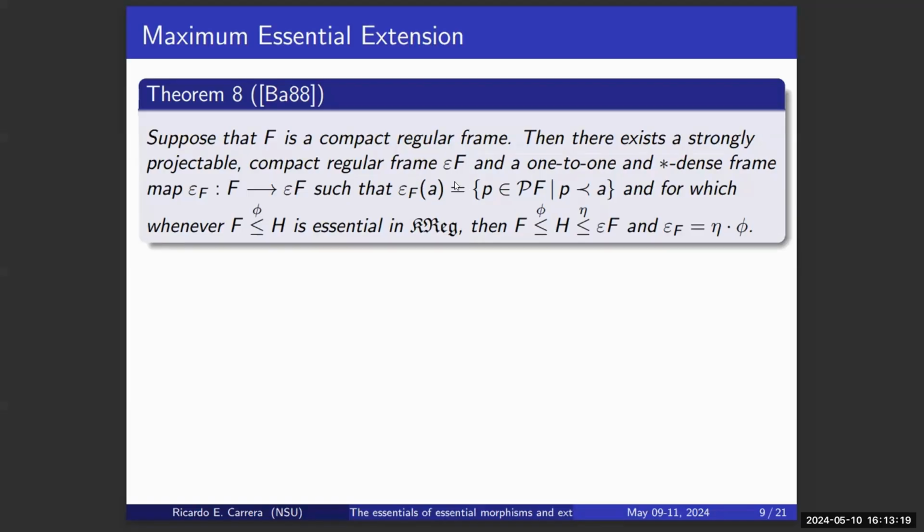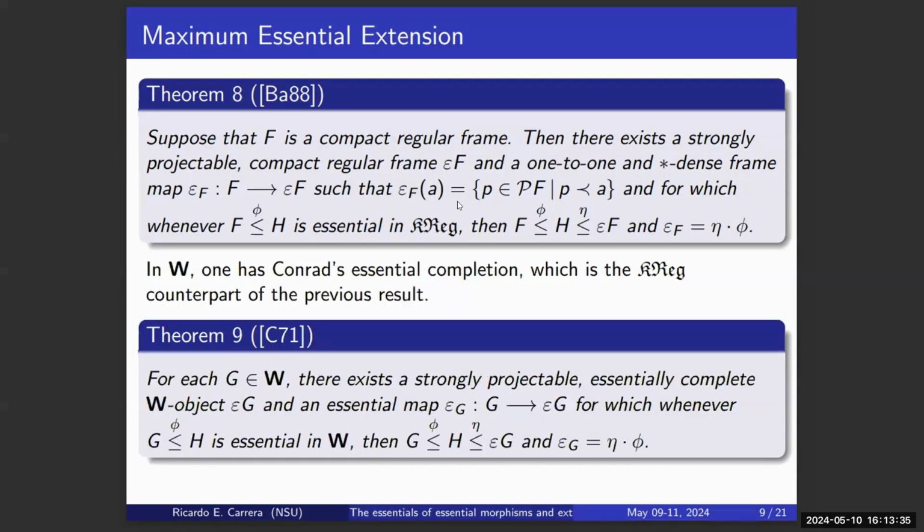The other thing is that the frame EF, which I didn't write here, but it's good to know because I'll probably refer to it this way, is what is called essentially complete, which means it does not admit any proper essential extensions. All right, well, in W, the counterpart of that is Conrad's essential completion, okay?